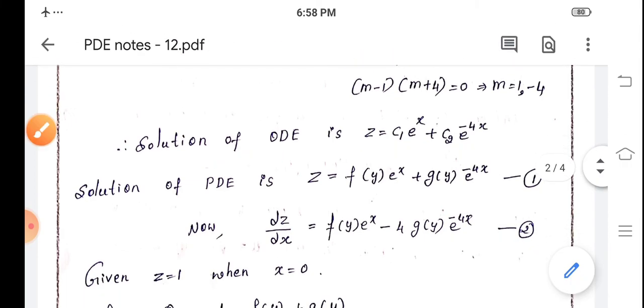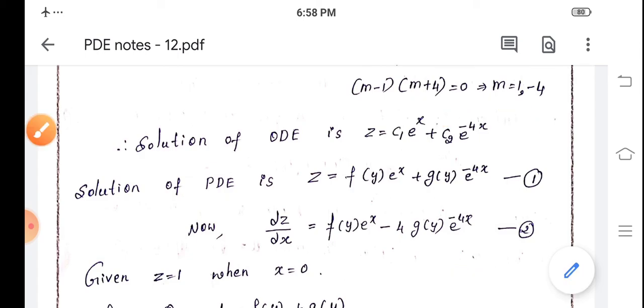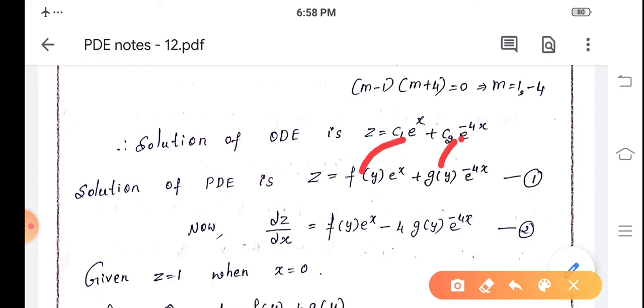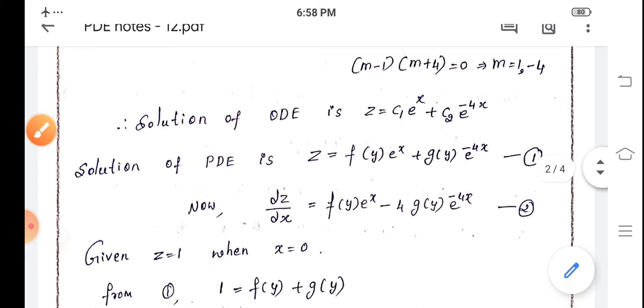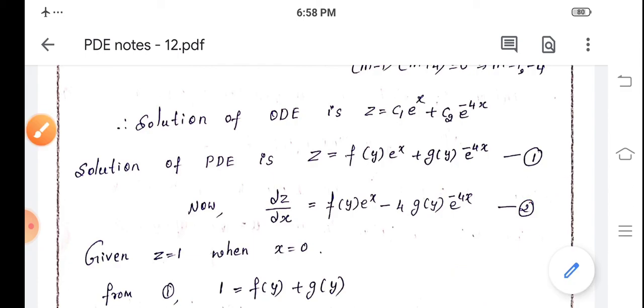Now, the solution of a partial differential equation is obtained by replacing constants by functions of the other variable, that is y. So we replace c1 by f(y) and c2 by g(y). Now, the solution of the partial differential equation is z = f(y) e^x + g(y) e^(−4x). Take it as equation number 1.